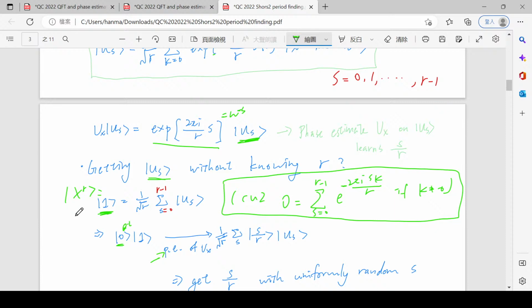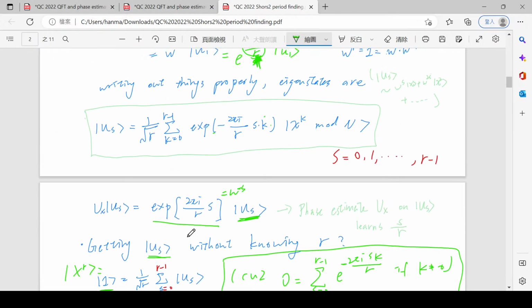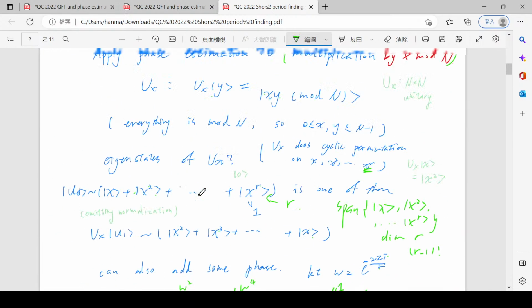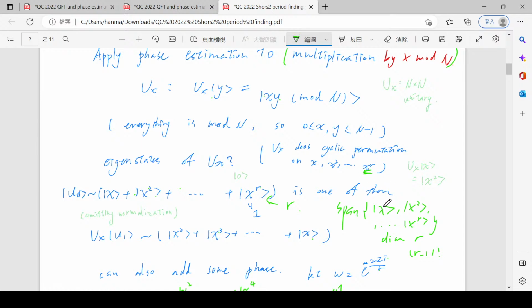That's because 1 is the uniform superposition of these eigenstates of U_x that are related to this x state.